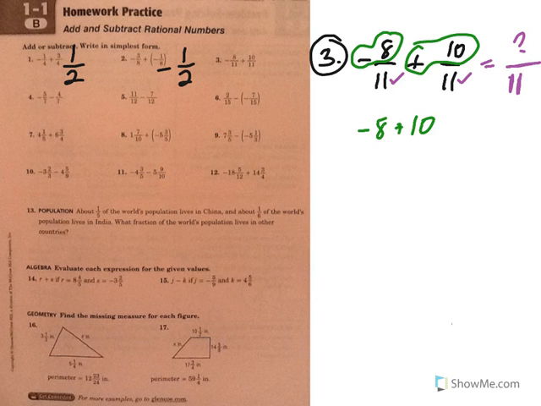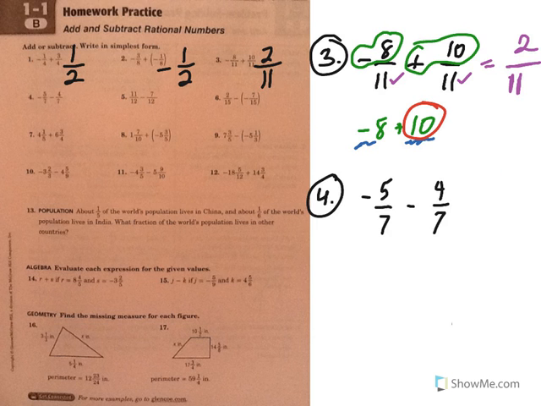Different signs, so go ahead and subtract. It gets you 2. Which is more powerful here, 10 positives or 8 negatives? And I hope you're saying the 10, which is positive, so you know the answer will be positive. So on top here, we're going to put a +2. Simplest form, you betcha.